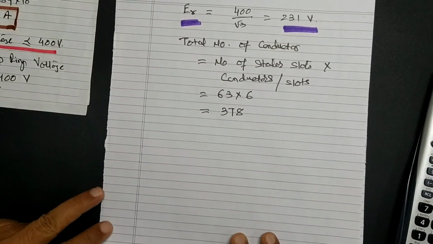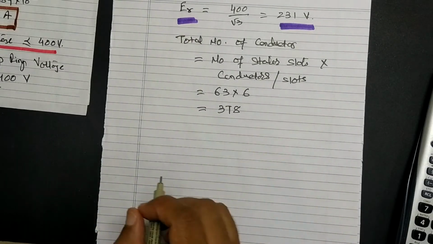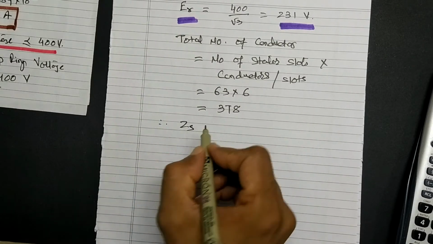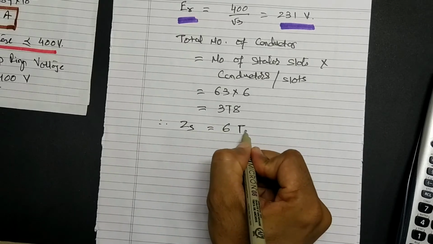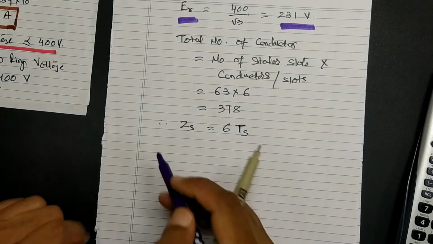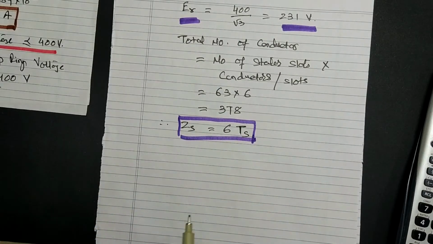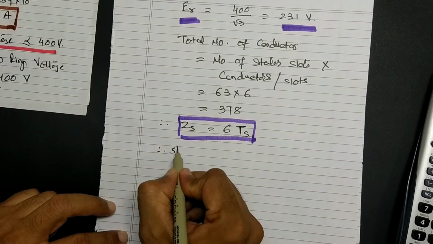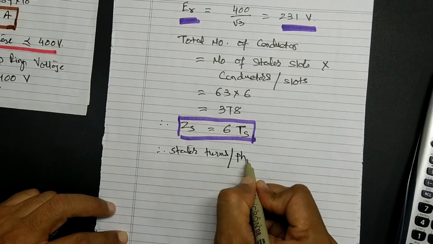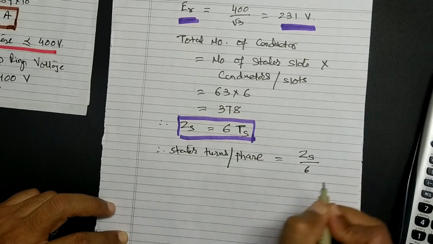So the total number of stator conductors we have designed, or rather calculated, is ZS, that is 6 times TS. This we know. In previous lectures also we have considered this equation. Therefore stator turns per phase is the total number of stator conductors divided by 6.